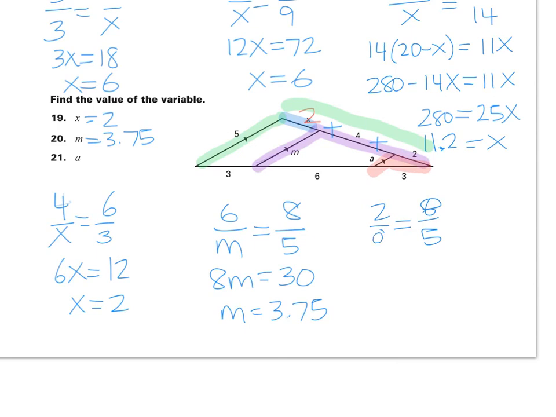Let's make sure that looks like an A. So we have 8A. Okay, and this ends this lesson.